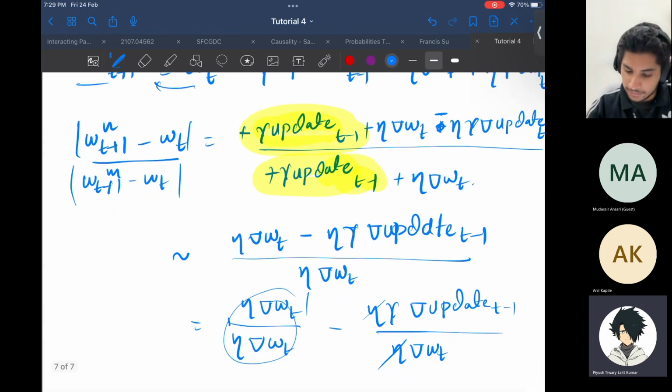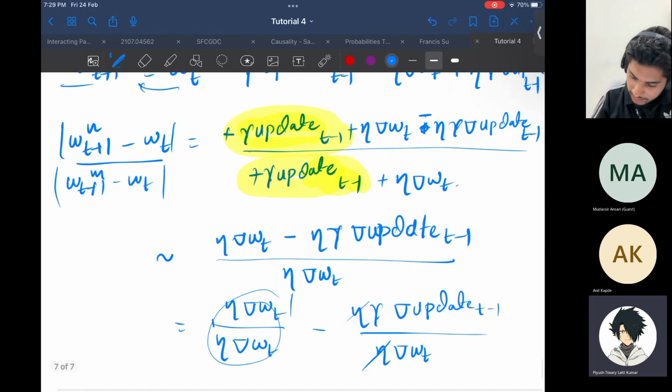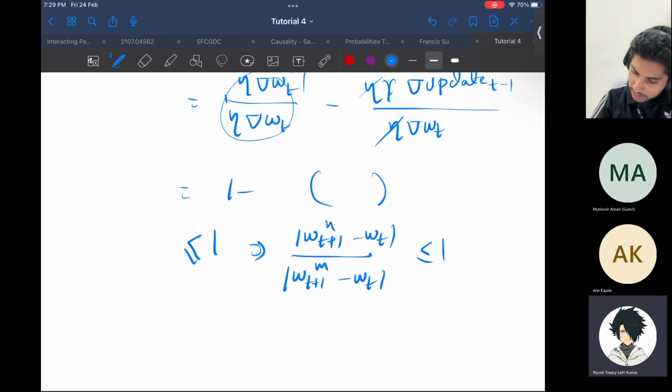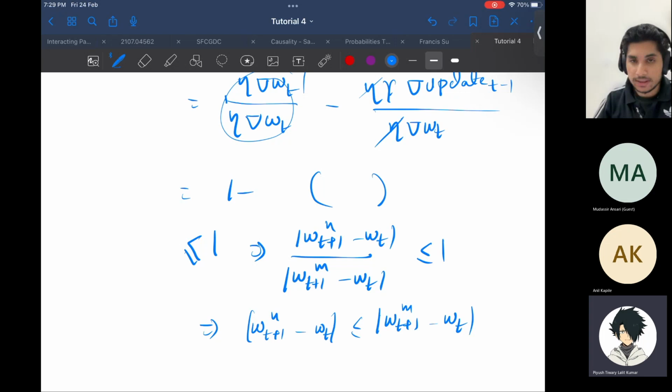So what it means is that |wt plus 1 n minus wt| upon |wt plus 1 m minus wt| will be less than or equal to 1. What this means is that |wt plus 1 n minus wt| is less than or equal to |wt plus 1 m minus wt|. And this is the correct option that you will see in the options.